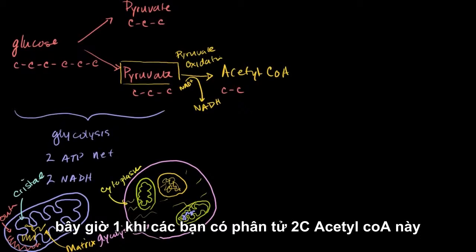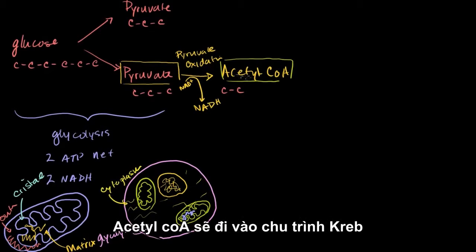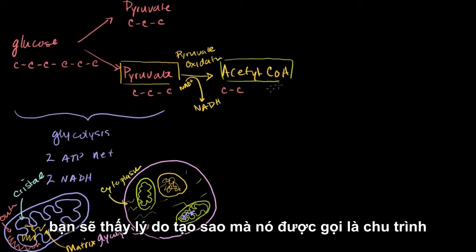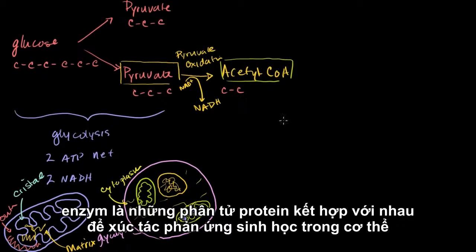Now, once you have this two carbon chain acetyl-CoA right here, you are ready to jump into the Kreb cycle, this long talked about Kreb cycle, and you'll see in a second why it's called a cycle. The acetyl-CoA, and all of this is catalyzed by enzymes. And enzymes are just proteins that bring together the constituent things that need to react in the right way so that they do react.